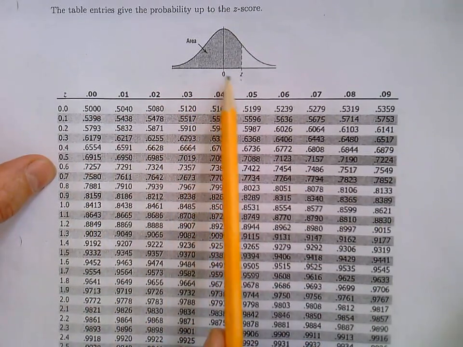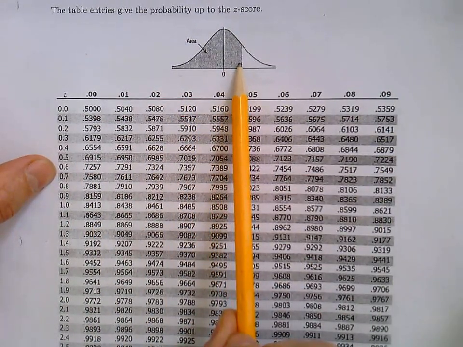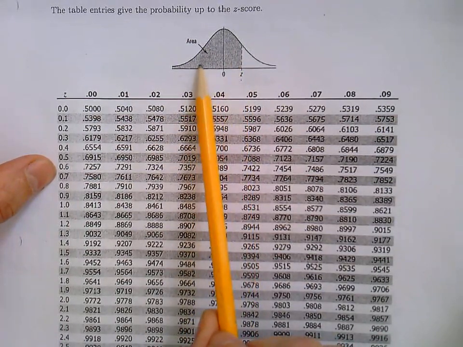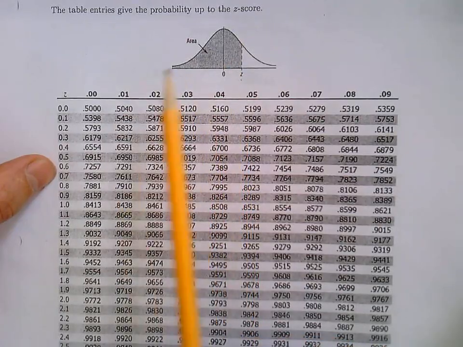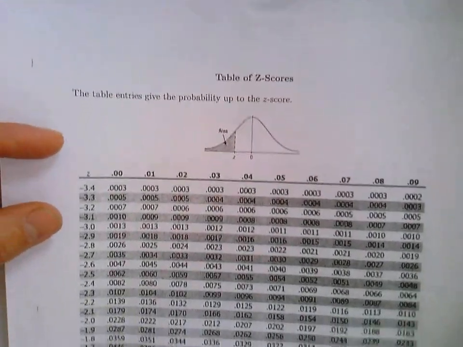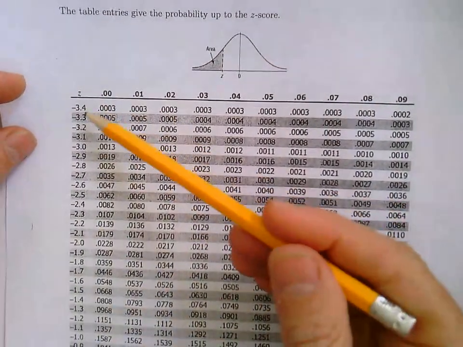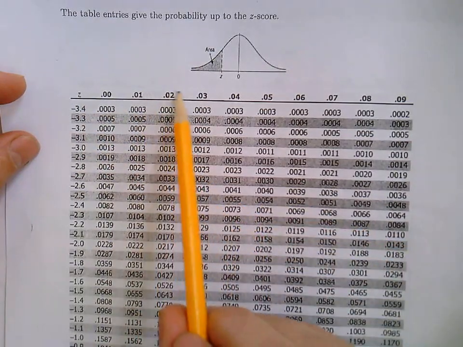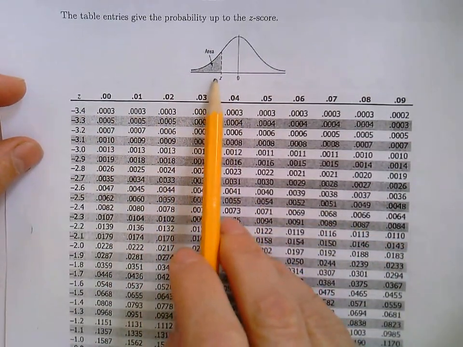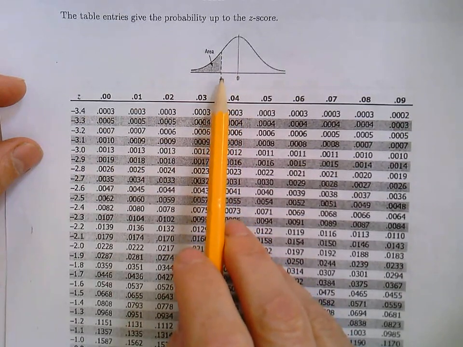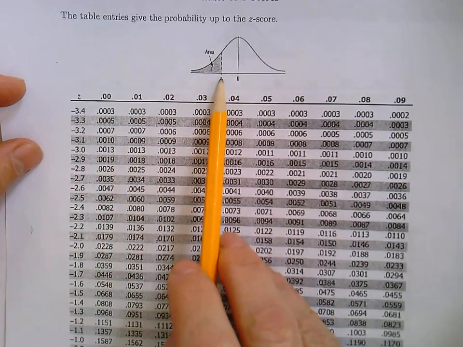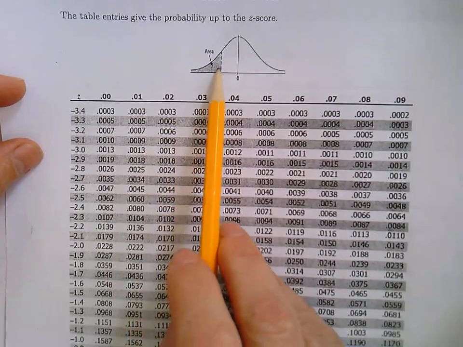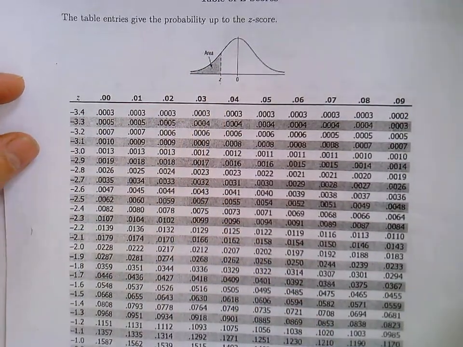So whatever z-score you're looking up, it's how much probability is less than that z-score. On the other side, you're going to find the negative z-scores. The negative z-scores are always to the left of 0, right? So whatever z-score you look up, it's telling you how much probability is below that, to the left.